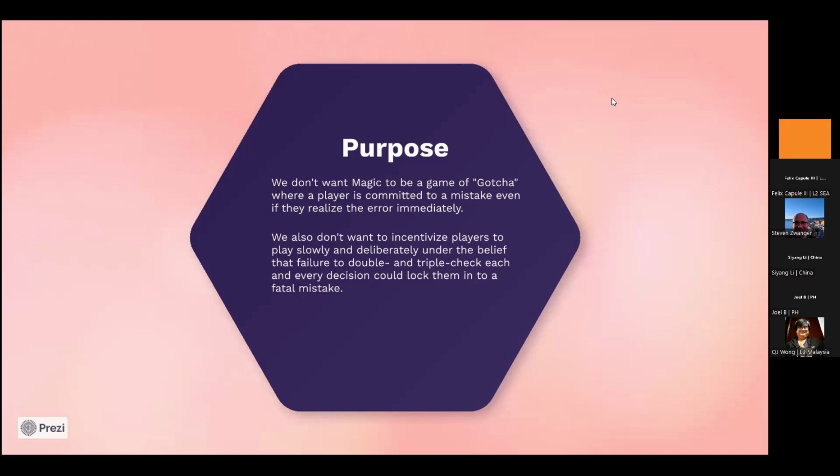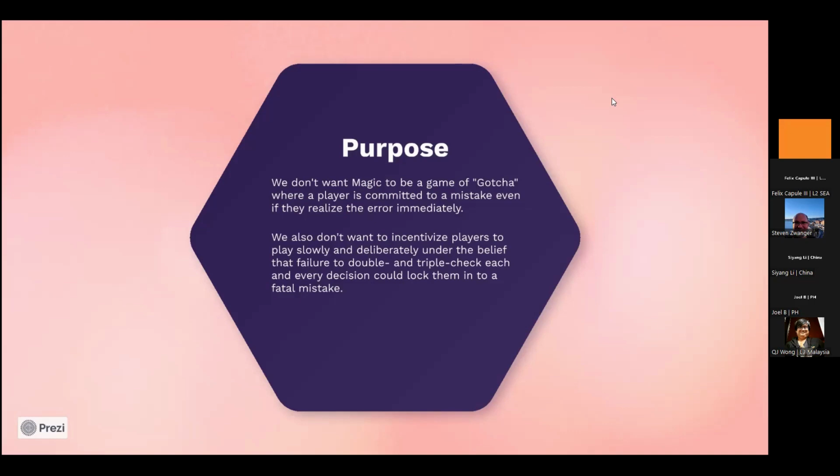And we also don't want to create an incentive for players to be extra slow and extra careful because they're afraid that they'll be stuck with a mistake. If they are worried that every mistake they make, they're locked in, instead of playing at a normal speed, they're going to pull out a card from the hand, look at it, think for a moment, double check, do I want to play this card? Okay, I can play this card.